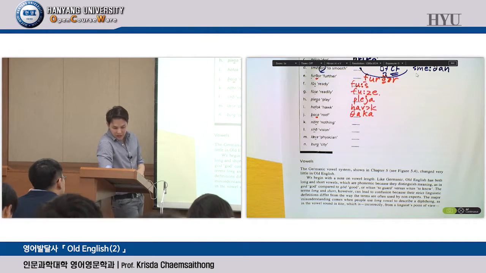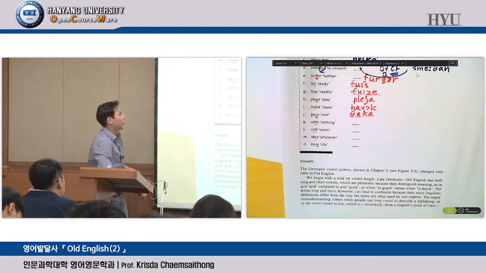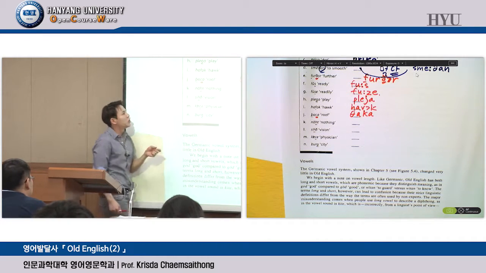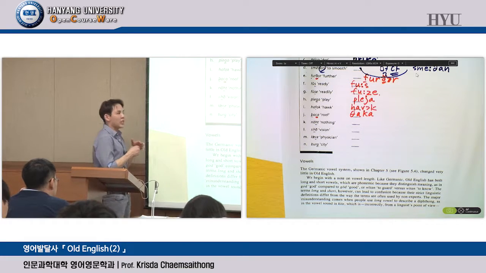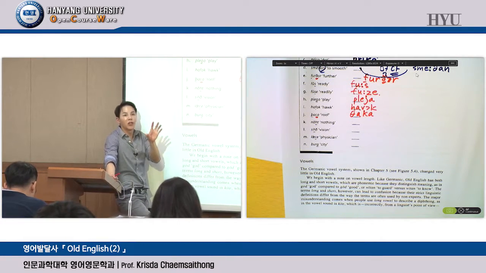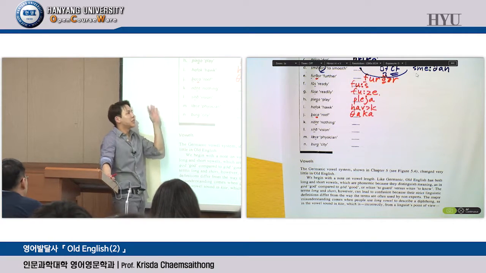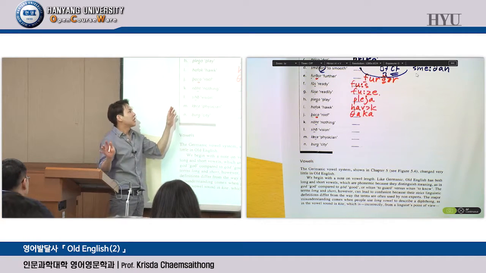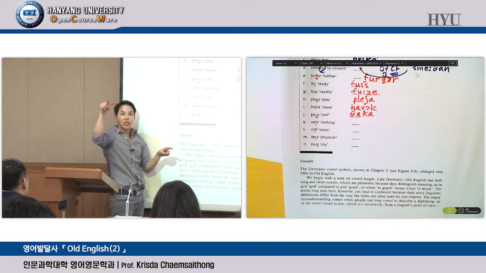Number K, nothing. So this H should be which sound? It's not at the end, meaning it's not the final consonant, and it's not the initial. If it's initial or final, you would have an H, right?